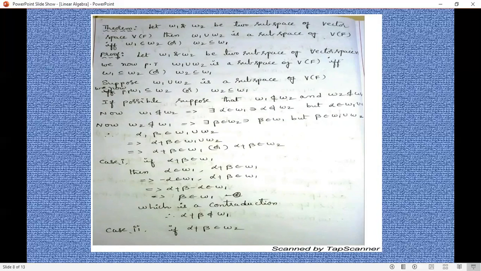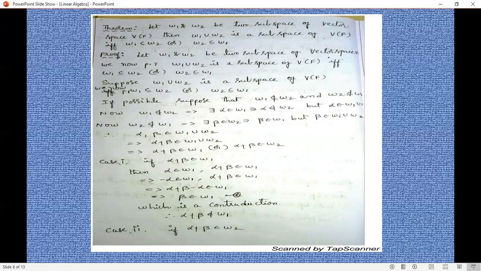W2 is not contained in W1 implies we take one element beta in W2 such that beta does not belong to W1, but beta belongs to W1 union W2. Therefore, alpha, beta belong to W1 union W2 implies alpha plus beta belongs to W1 union W2 implies alpha plus beta belongs to W1 or alpha plus beta belongs to W2.